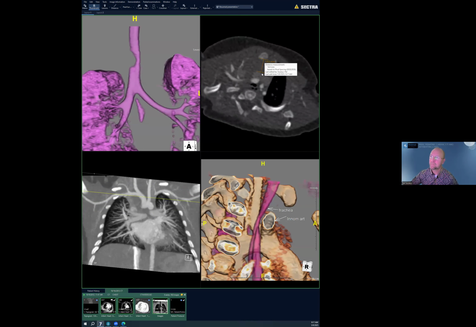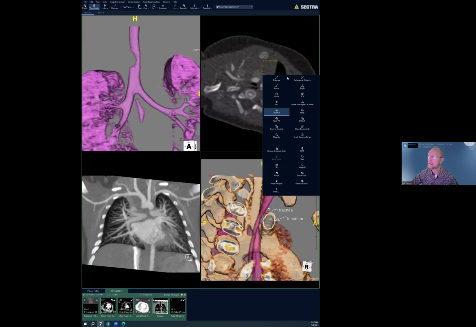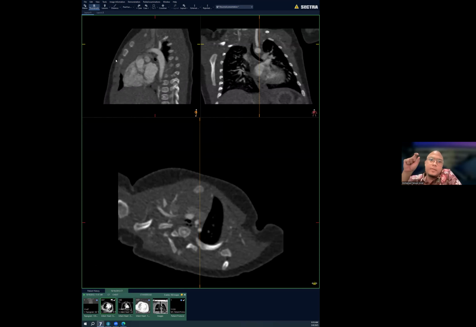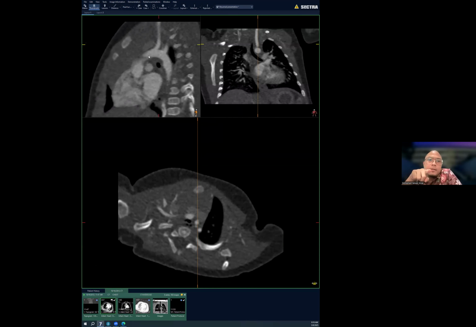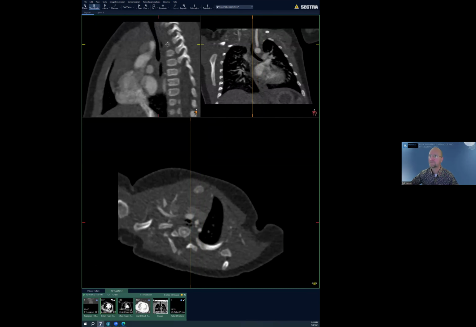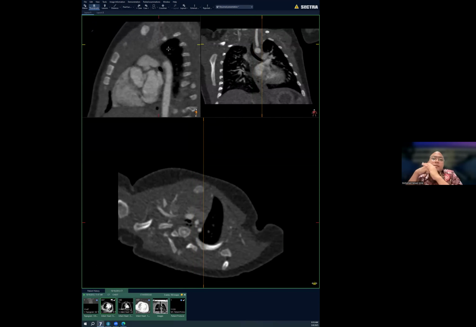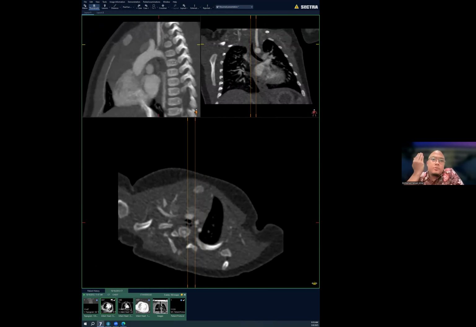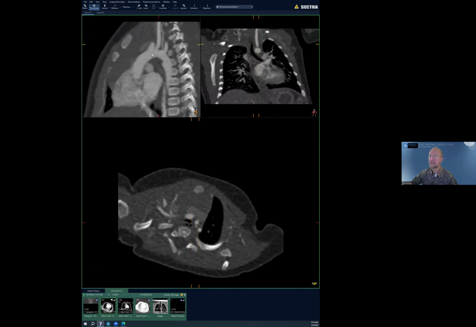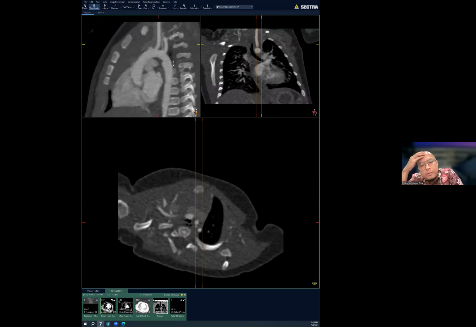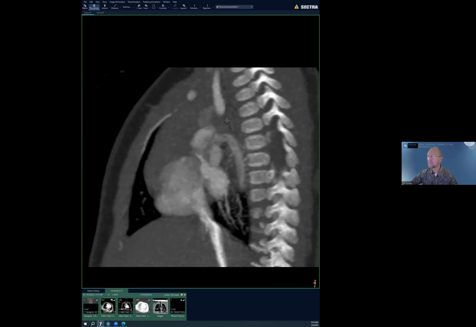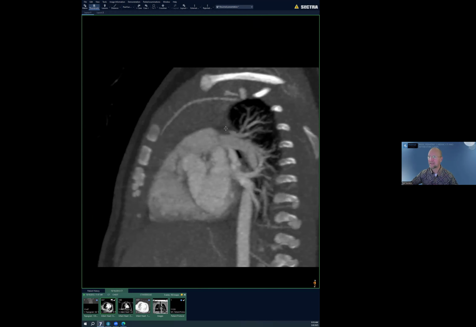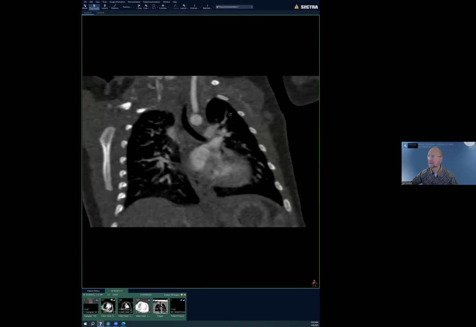Were you worried that there's maybe a mass or something? No, because the thymus is very soft. The innominate vein is not compressed, that's true, but the position of the brachiocephalic is to the posterior. I don't know. I mean, you can see this, I'm doing this MIP. It doesn't look like there are any pectus carinatum or anything like that.